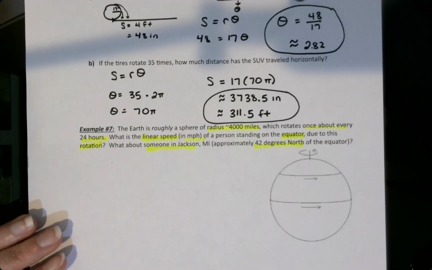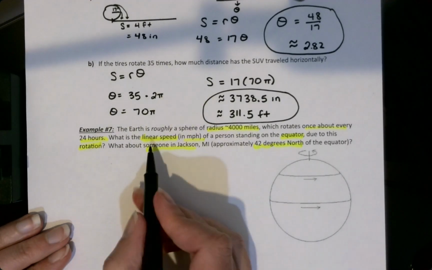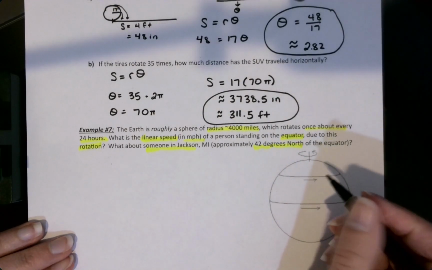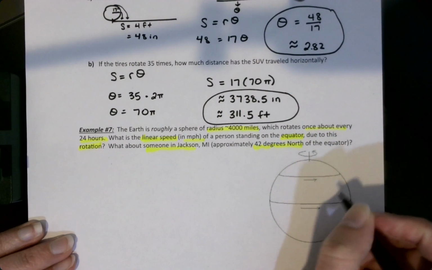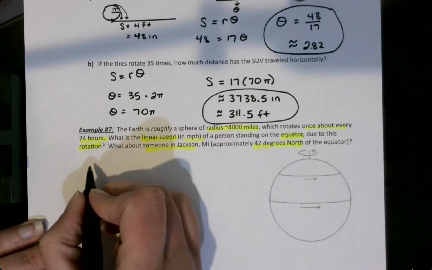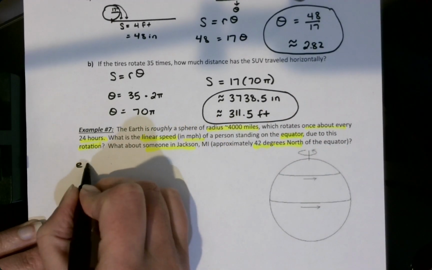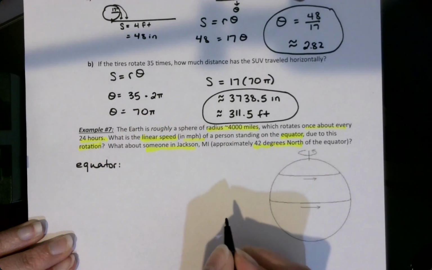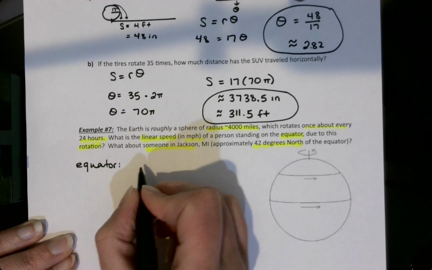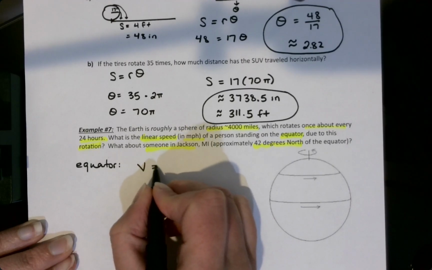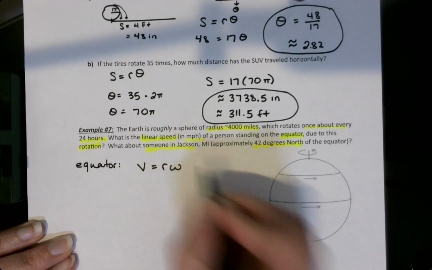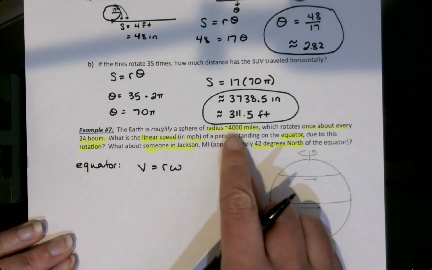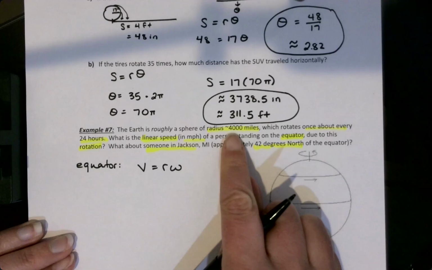All right, so in the first case, we wanted to know the linear speed of someone standing at the equator. We know the radius. So on the equator, I want to find the linear speed. So the linear speed is equal to R times omega. And I know R is going to be about 4,000 miles if I'm at the equator.